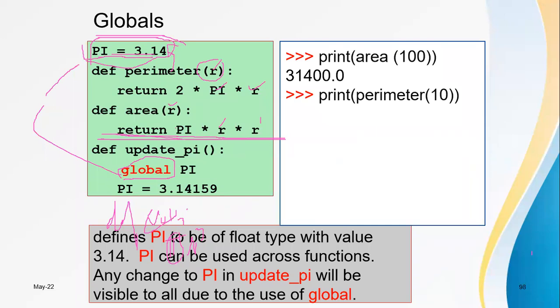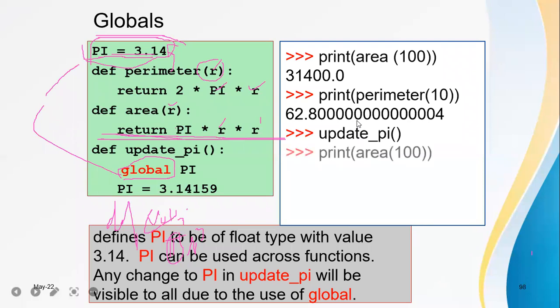So 10 into 3.14 is 31.4. 31.4 into 2 is 62.8. That is how the float value is obtained. I told you already. Okay. Next.